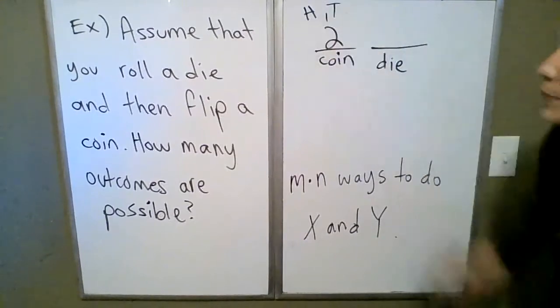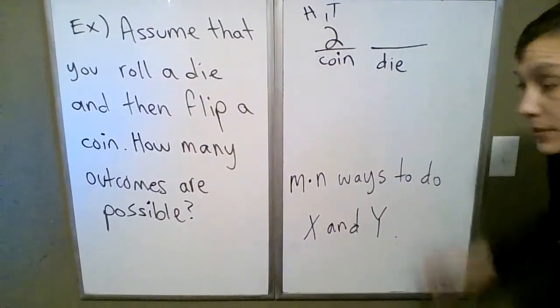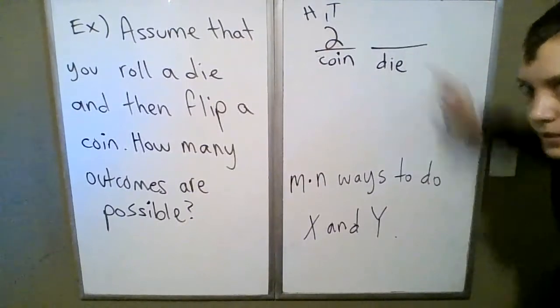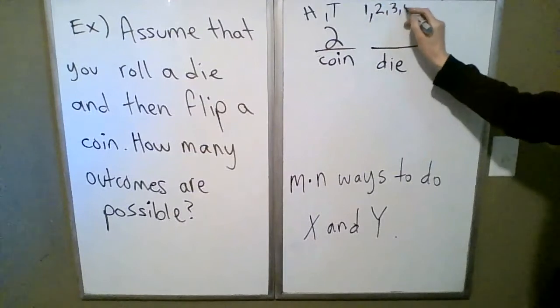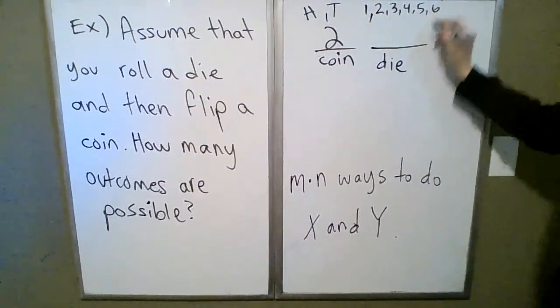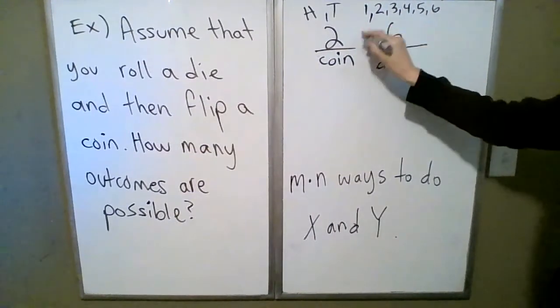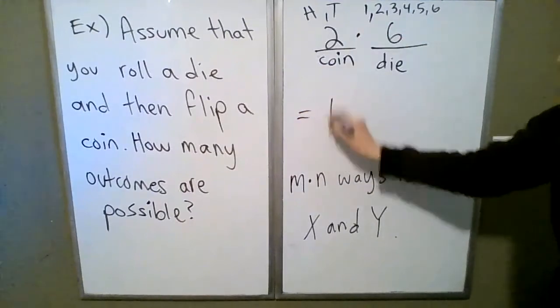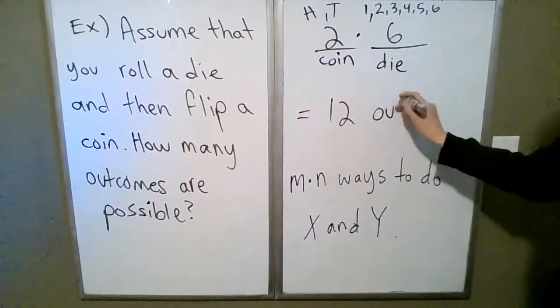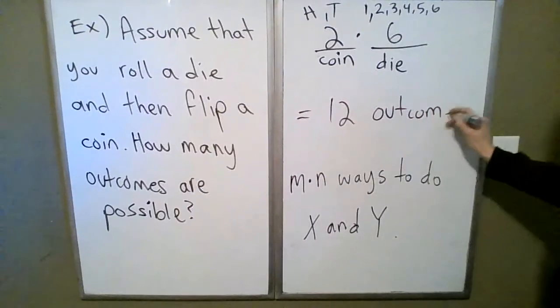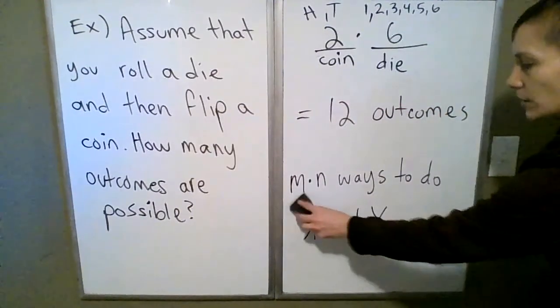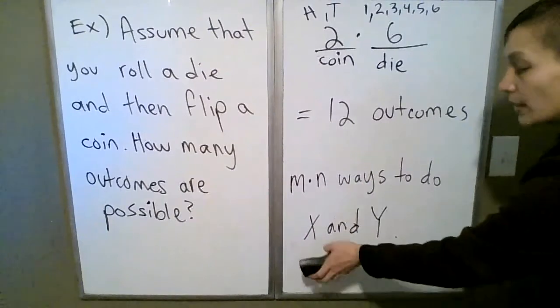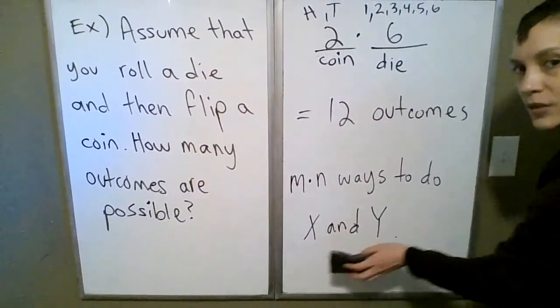Two choices there. Then out of the die, there are 6 faces. You can choose from 1 through 6. So 6 multiplied with 2 is 12 outcomes total. 2 times 6 ways to flip a coin and roll a die.